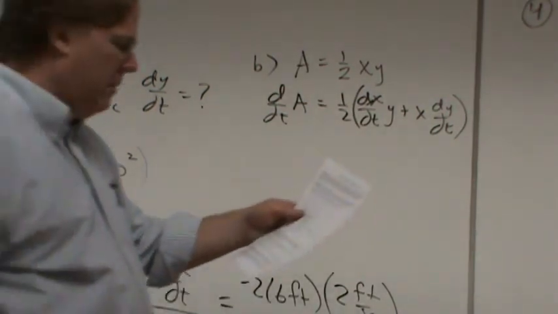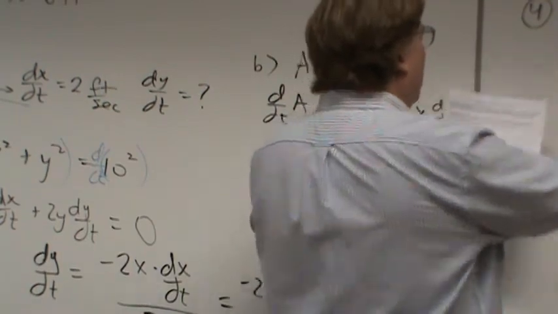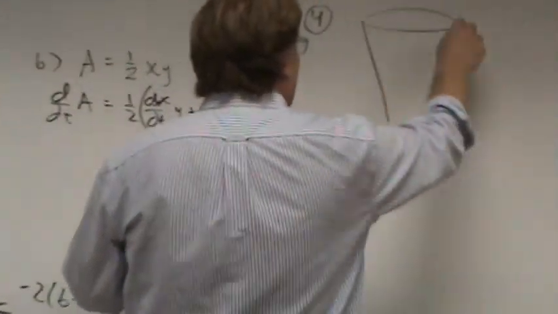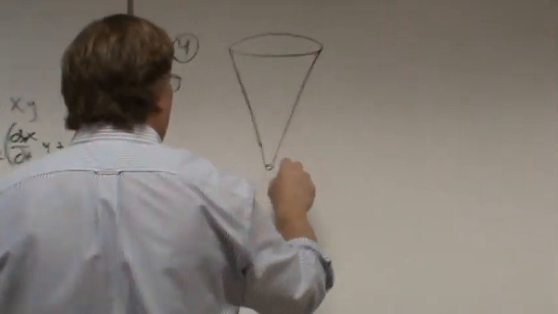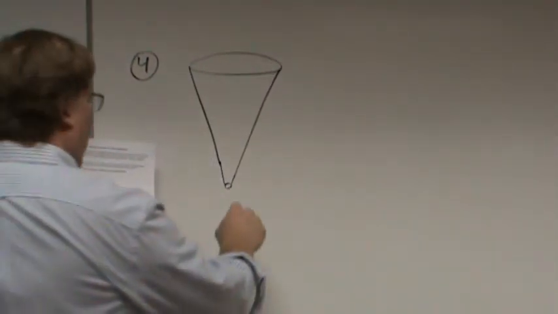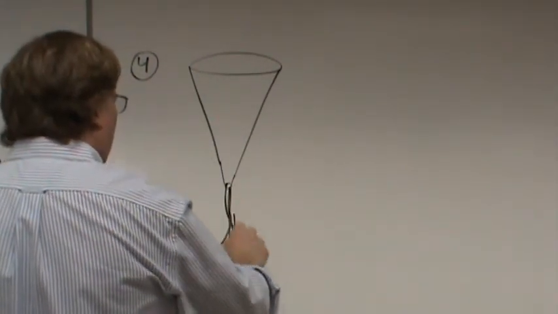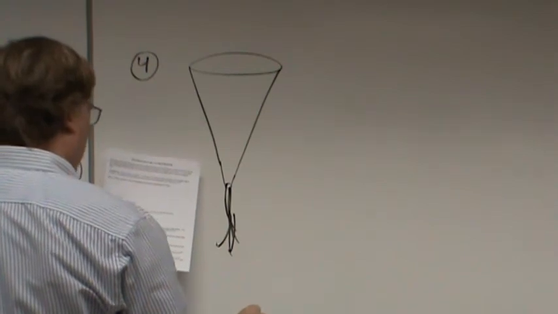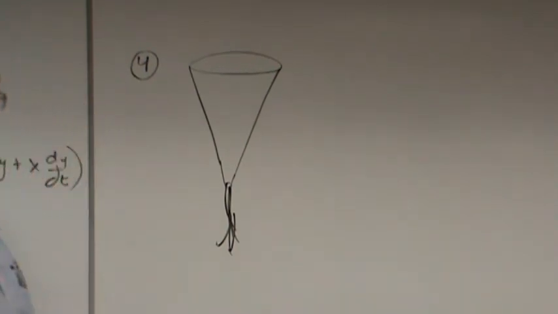It's something that I need to show you, because many of you may have forgotten how to do a problem like this. I've got a conical tank with the vertex down, and it's draining at a rate of 10 cubic feet per second. What rate of change is that? Volume.